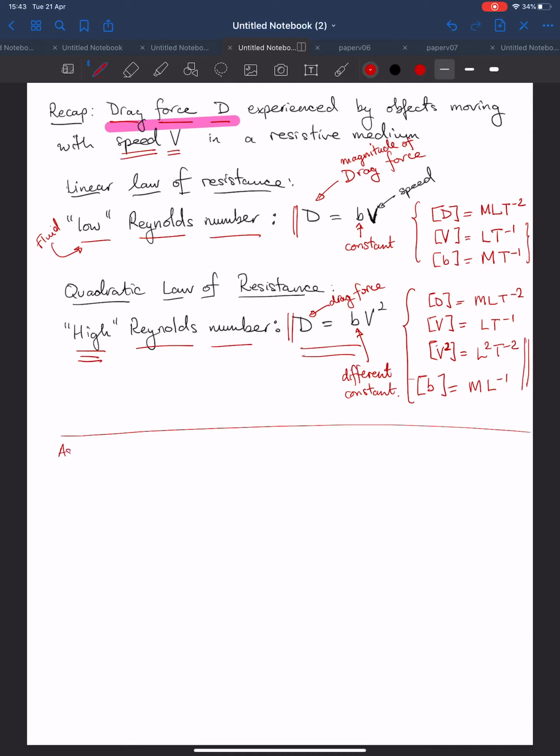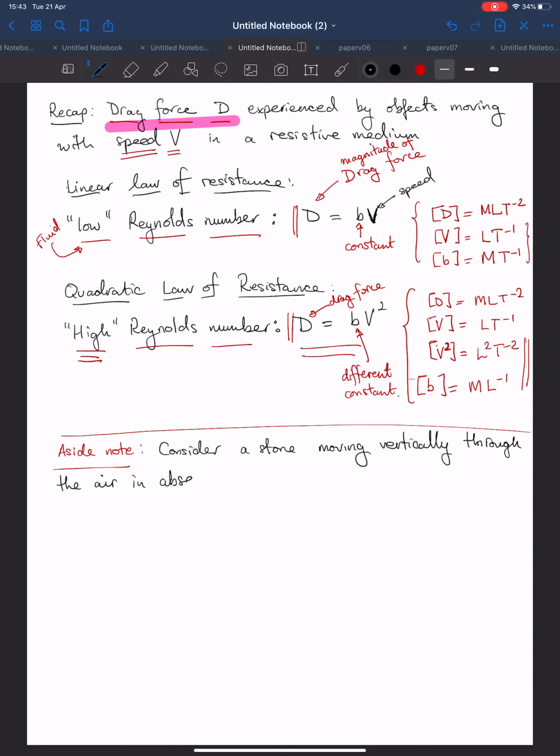Okay, so before moving on, we're going to just take a look at an aside note. What we'll do is we'll consider a stone moving vertically through the air, in the absence of gravity.